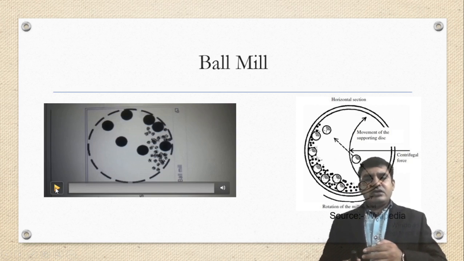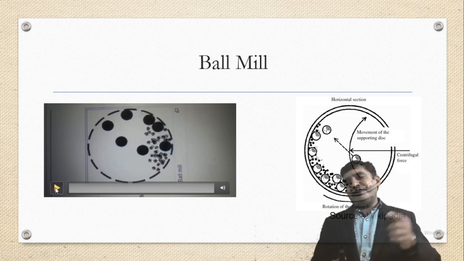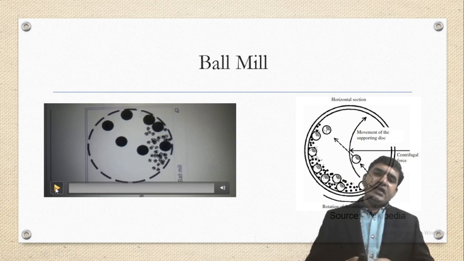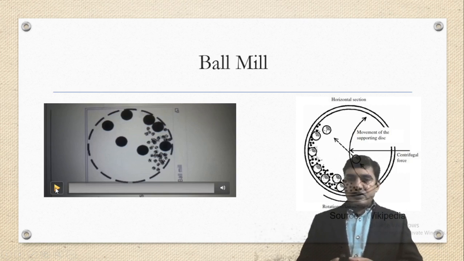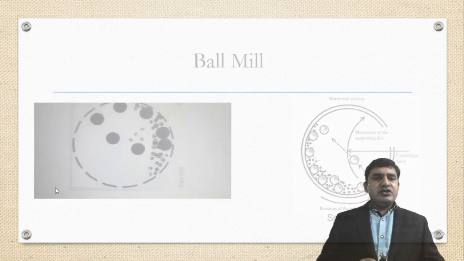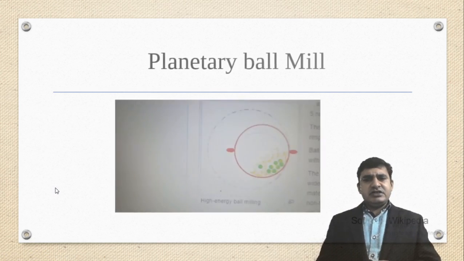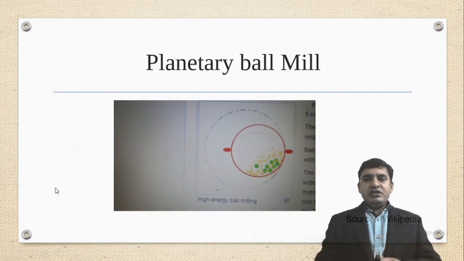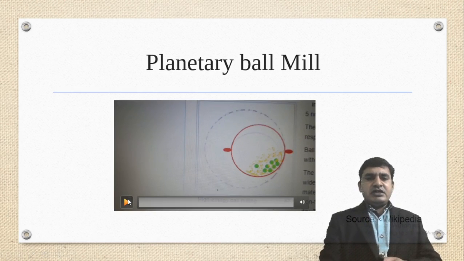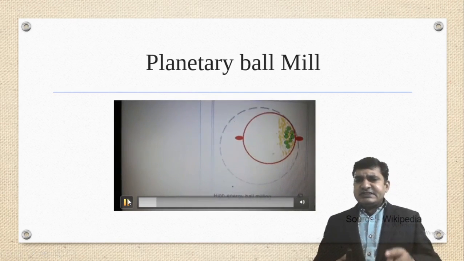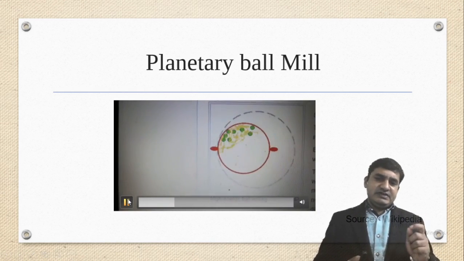they go along the diameter of the cylinder. Now this is a planetary ball mill. Here there is a cylinder inside the cylinder.